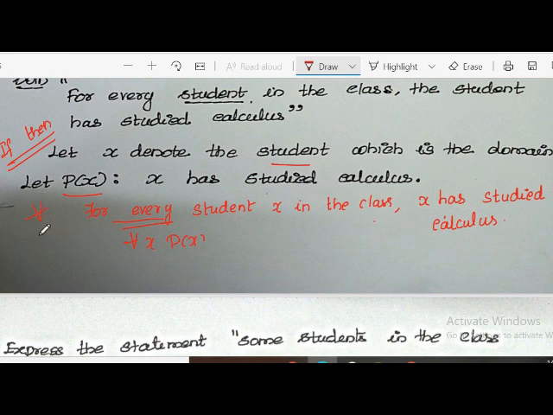So I am going to rewrite that if X is in the class, or X is a student in the class, then I'm using the connective word if then. So then X has studied calculus. I can write in this way also. If X is a student in the class, then X has studied calculus.